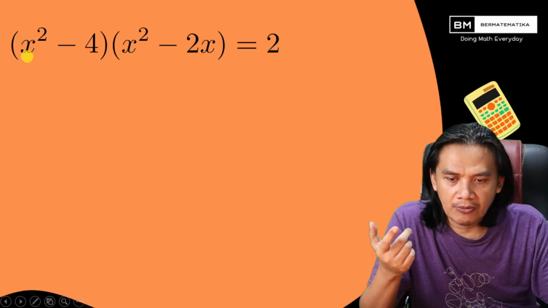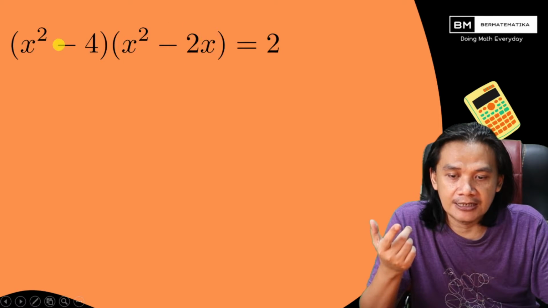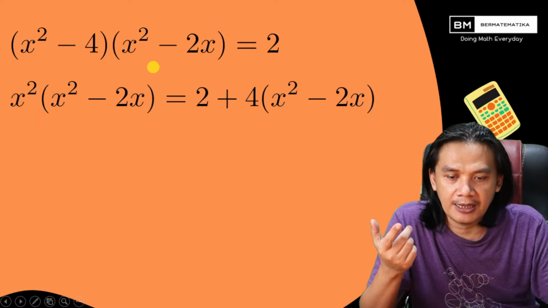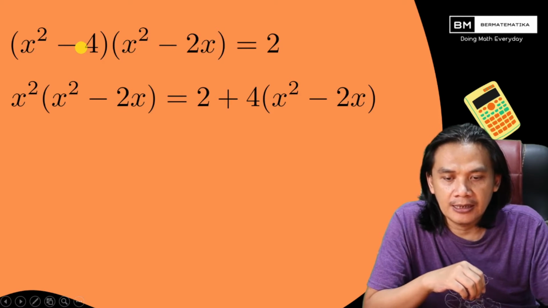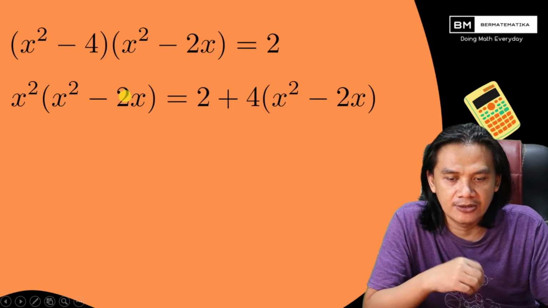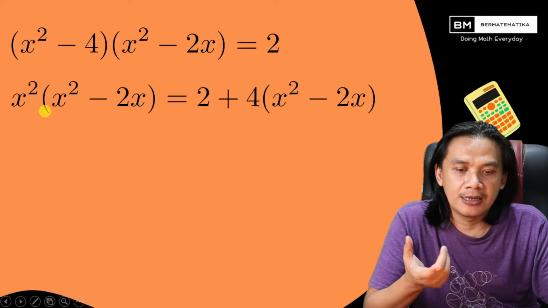So over here we have x squared, and then we have an extra negative 4 times this. So we can write this as this times that minus this. But then we can move the negative 4 times x squared minus 2x to the right hand side. So then we have the following equation.